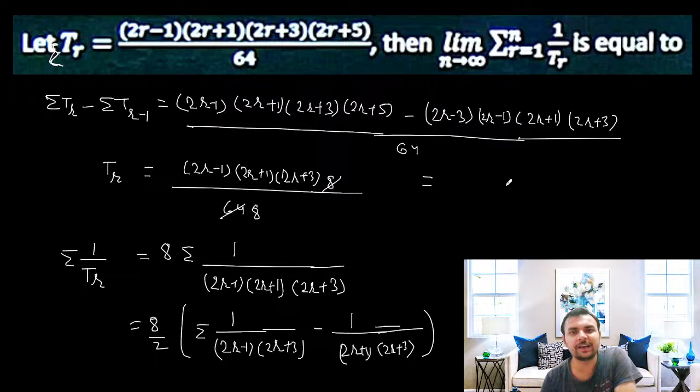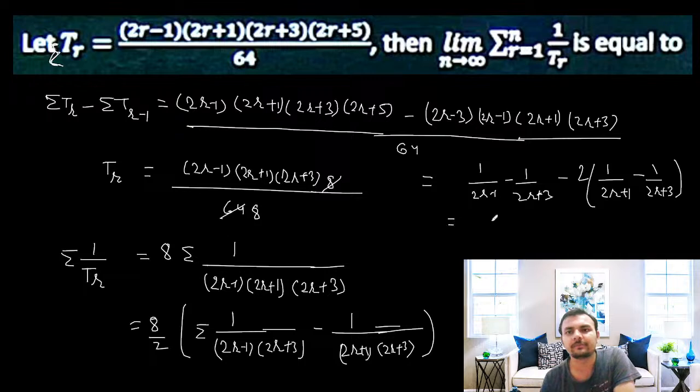So we'll divide by 4. So this 8 is gone, I think. So we have 2r minus 1 minus 2r plus 3, and the difference of this is 2. So it will become 2 times of 1 upon 2r plus 1 minus 1 upon 2r plus 3.